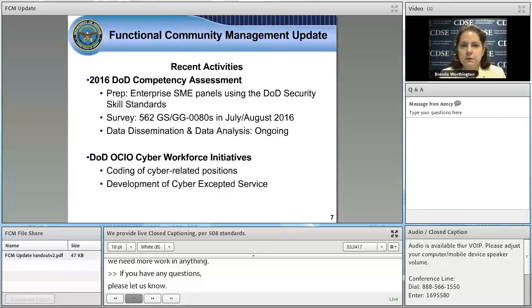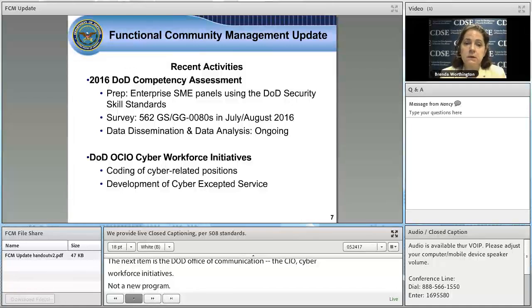So the next item is the DoD Office of Communication, no, the CIO, excuse me, Cyber Workforce Initiatives. Not a new program, but a new impetus. There are new Office of Personnel Management requirements for all the federal government to code government civilian positions based on their cyber-related work roles.